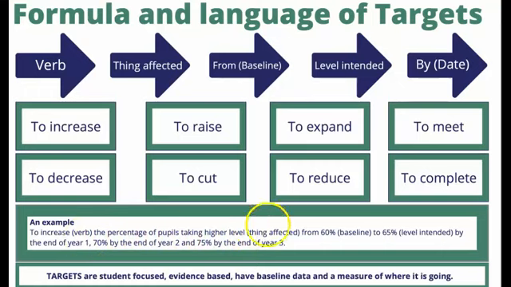Pupils taking higher level is the thing affected. 60% is the baseline. 65% is the level intended at the end of year 1. 70% is the level intended at the end of year 2. And 75% is the level intended at the end of year 3. Targets are student-focused, evidence-based, have baseline data, and a measure of where it is going.